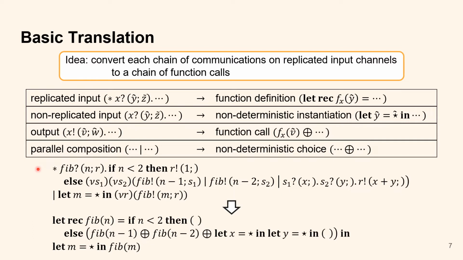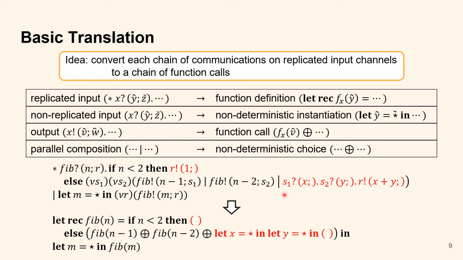For example, we consider the Fibonacci process. This replicated input process is transformed to this function definition. The outputs on the channel Fib are converted to the function calls.